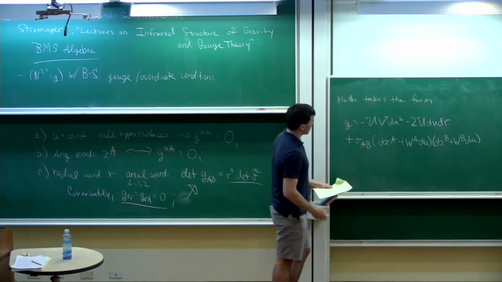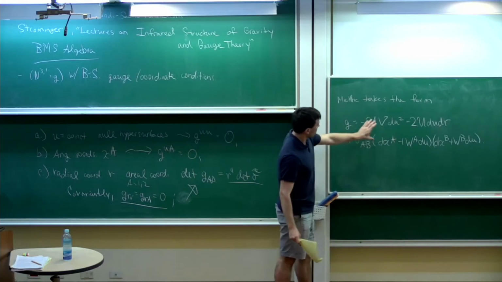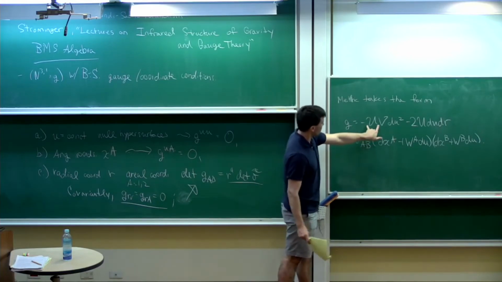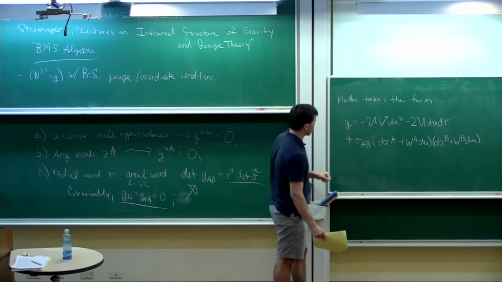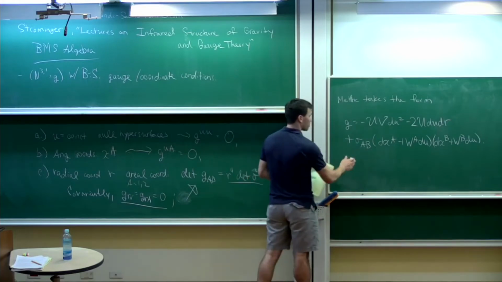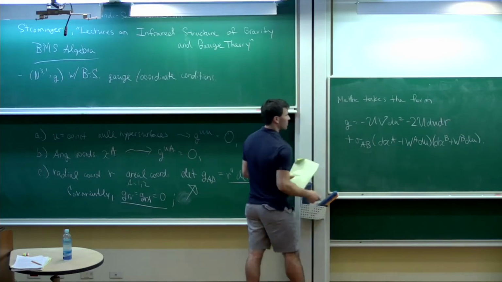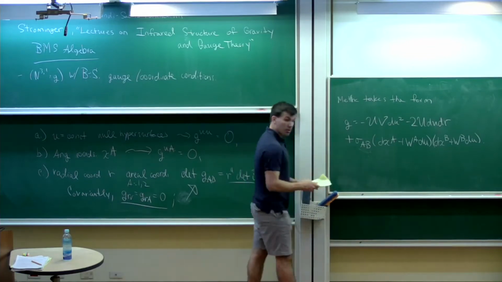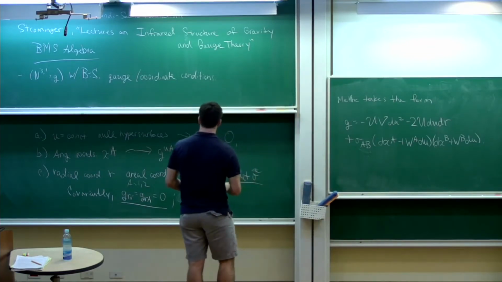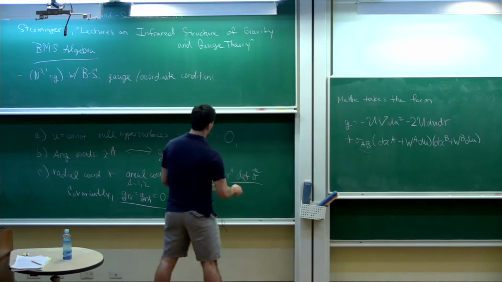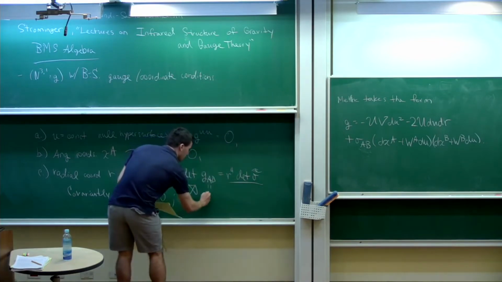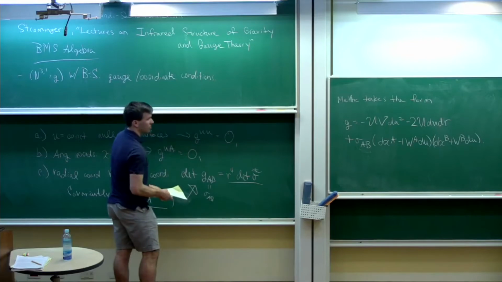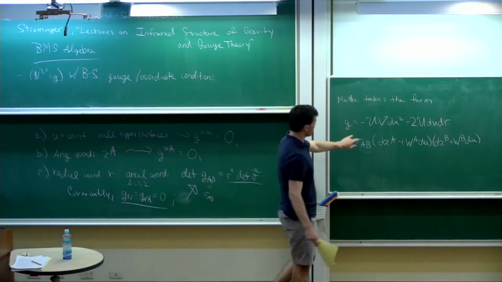So I guess they use some V over r in place of my V. They use e to the 2 beta rather than my u, and then they pull out an r squared from this metric sigma and call it h. Your G is the same as your sigma. Sure, I guess this is sigma AB. Yeah, sure, the AB component of g is just sigma.